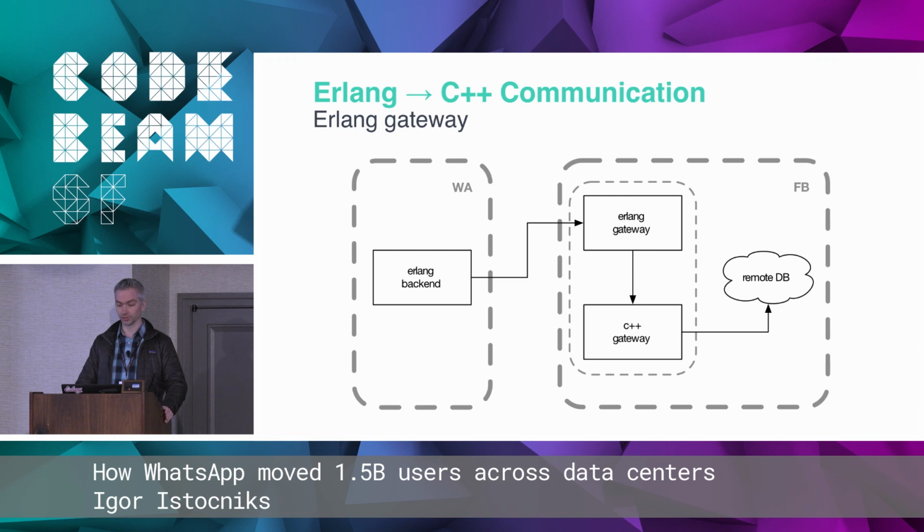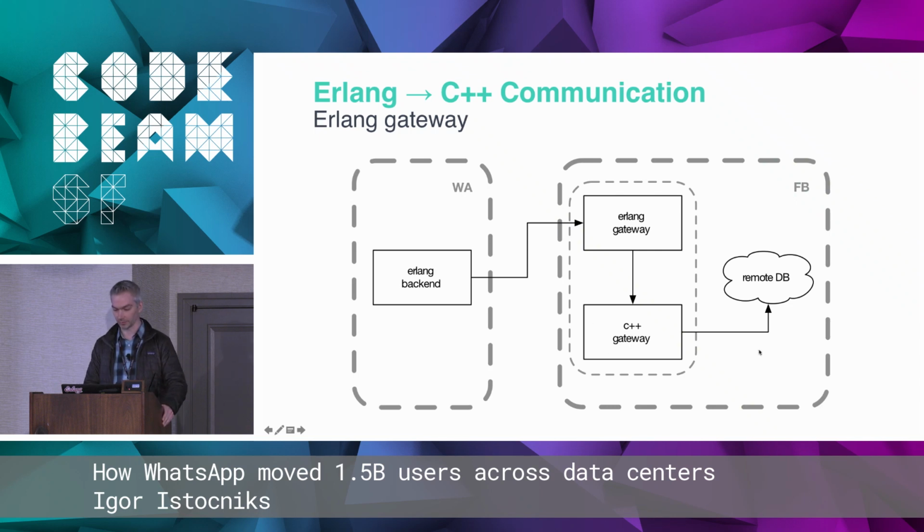And we tried to do that architecture first. We still planned to have an Erlang backend in WhatsApp, and then we actually didn't really plan, that's what we did. We installed an Erlang gateway machine inside Facebook. We collocated a C++ gateway machine on the same host.